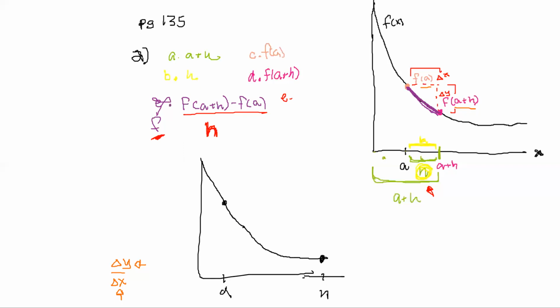So we're going to say that our f of A is here. Our f of A plus H is this point, because this is A plus H, not just H. I wrote that down wrong. I'm sorry about that. This is A plus H, f of A plus H.